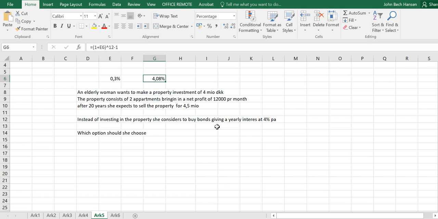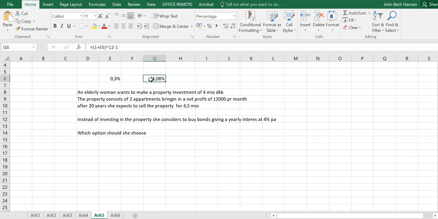So now you're the one to decide which one to pick. The bonds are perhaps a little bit more secure. And this one here, there are some ups and downs. Maybe we can get more here. But this is what the calculation shows. So not much difference.